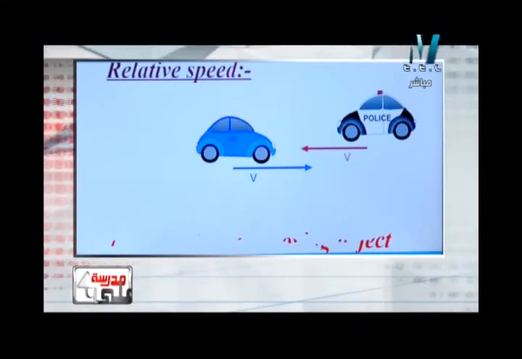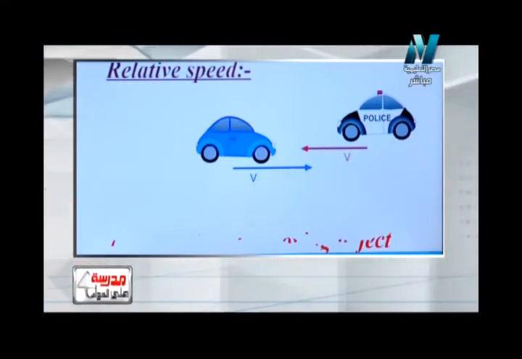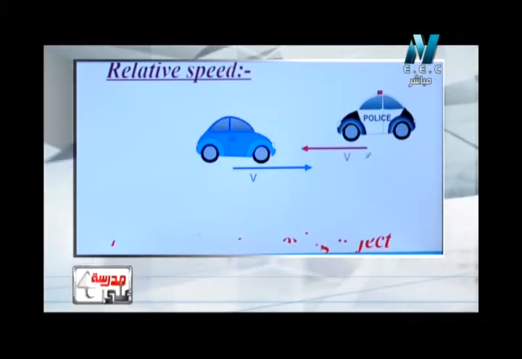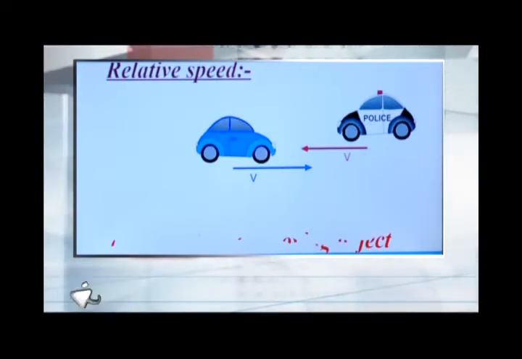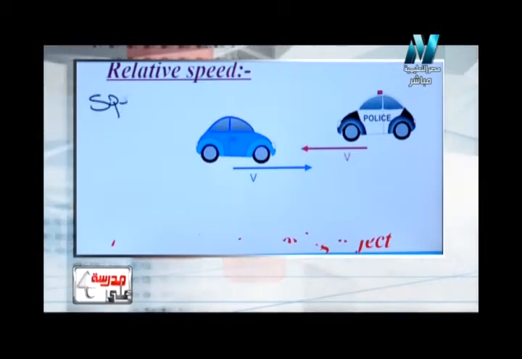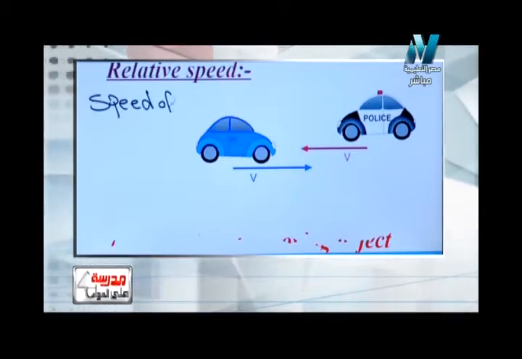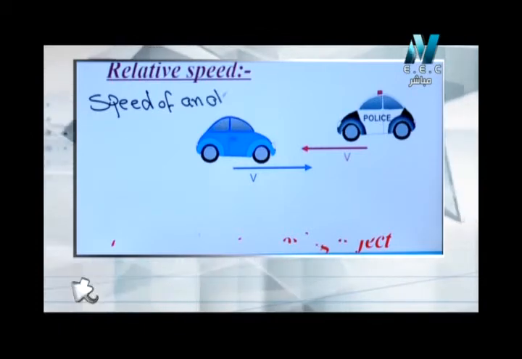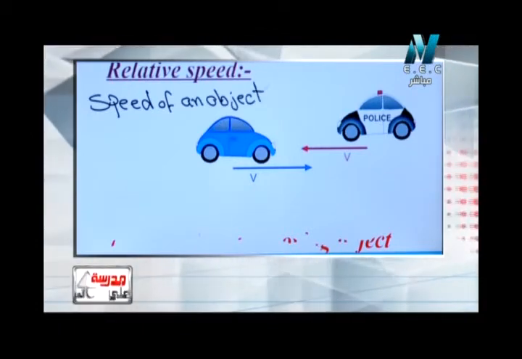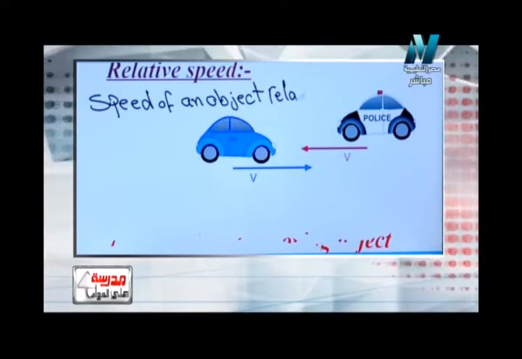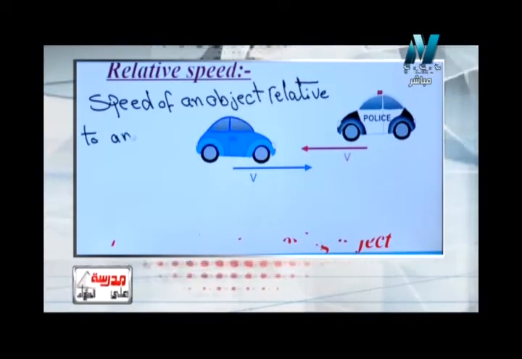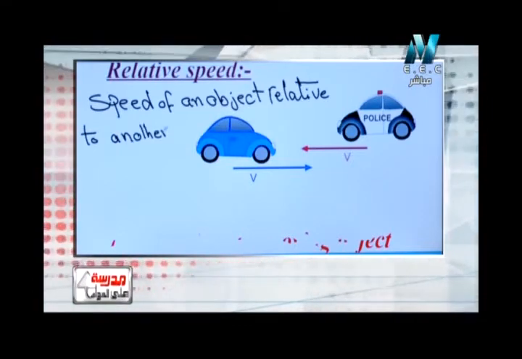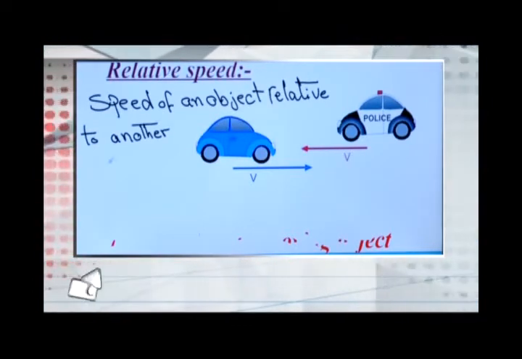This car has V and the other car has another V. So here we can determine the relative speed as the speed of an object relative to another. This other object is called the observer.